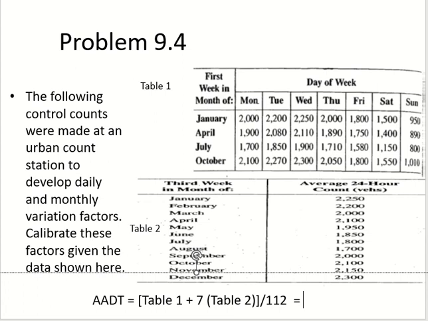Yeah, we are not doing it for each month right now. We are doing it for AADT, so everything added. So what's the total of table 1? If you want to tell me, no problem.